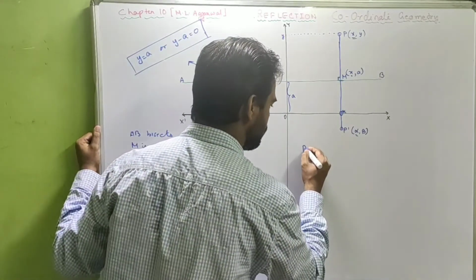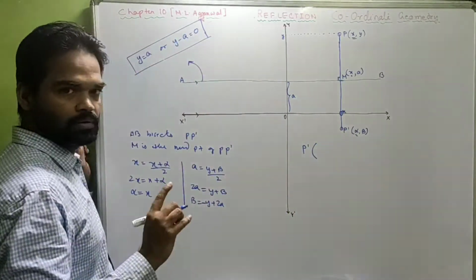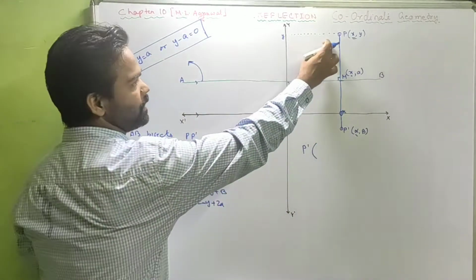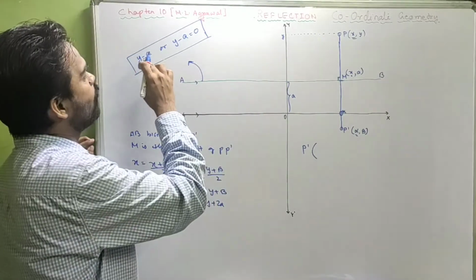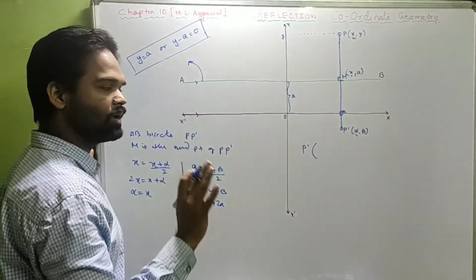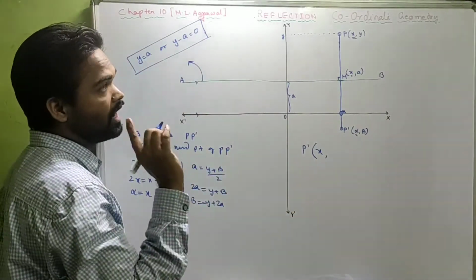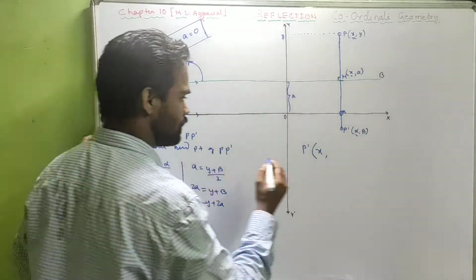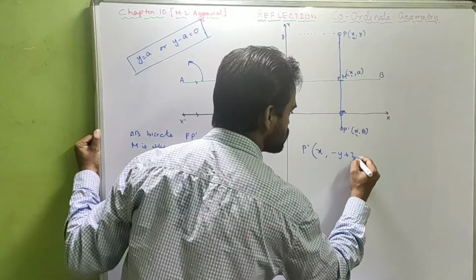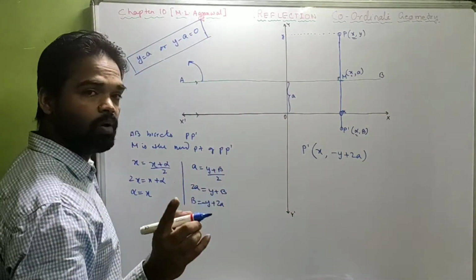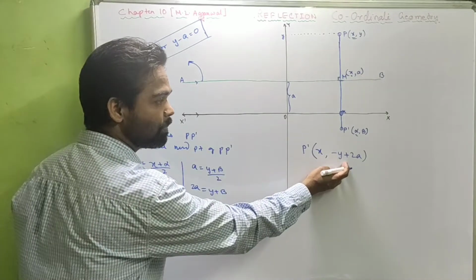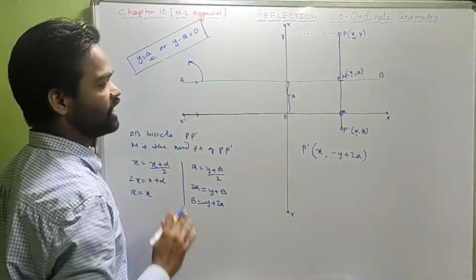So the coordinate of P dash, when a point P is reflected on a line y equals A, which is parallel to x-axis, is x, minus y plus twice A. The x coordinate does not change, the sign of y coordinate changes, minus y plus twice of A.